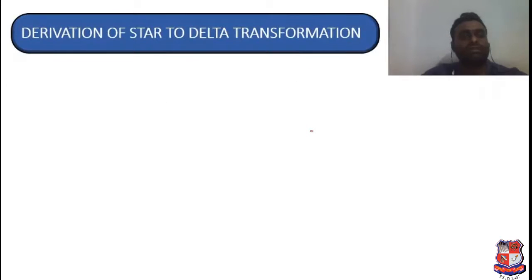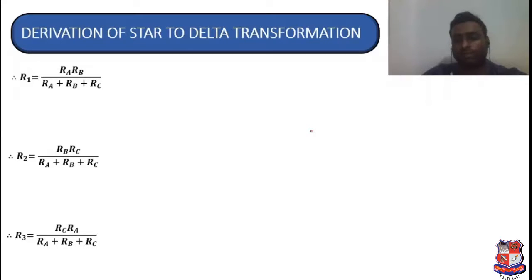Over here in the derivation, you should first know the equations of delta to star. From the equations of delta to star we had found R1, R2 and R3 to be these equations. Let us give these as equations 1, 2 and 3.